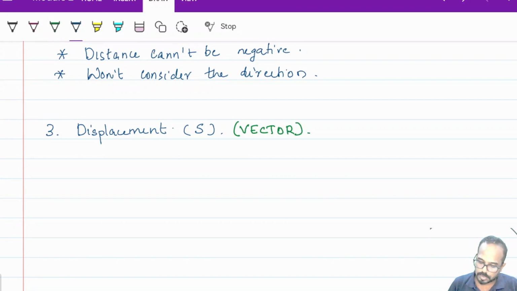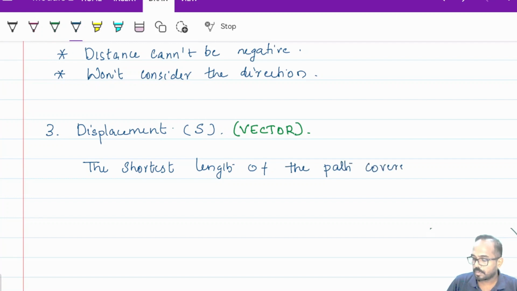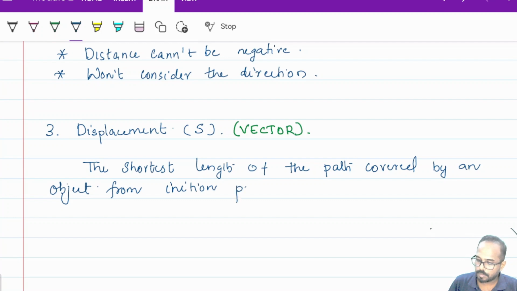So you can write the description as: the shortest length of the path covered by an object from initial position to final position.